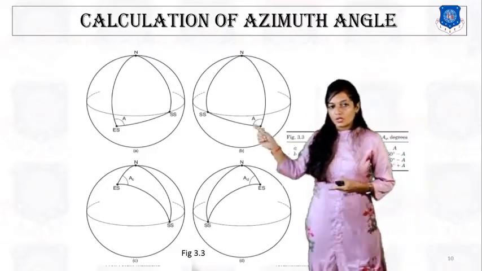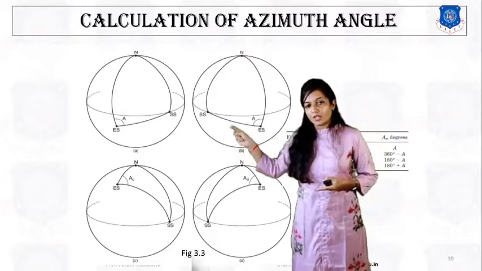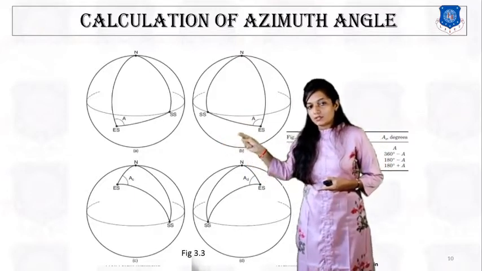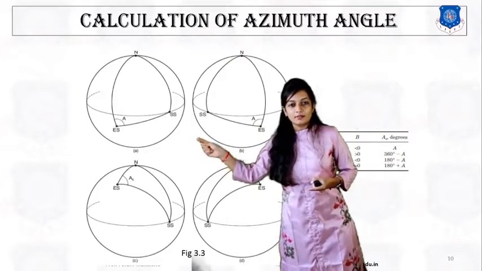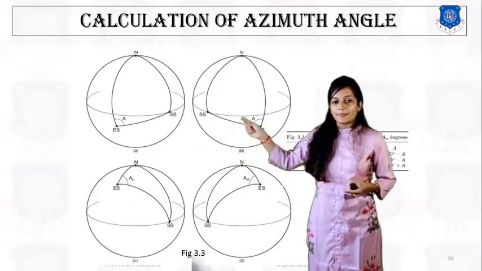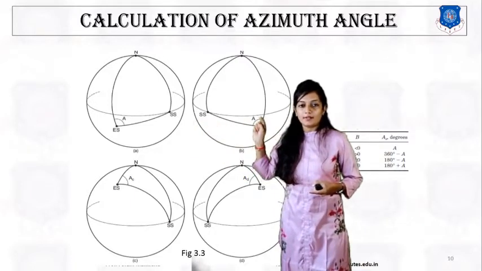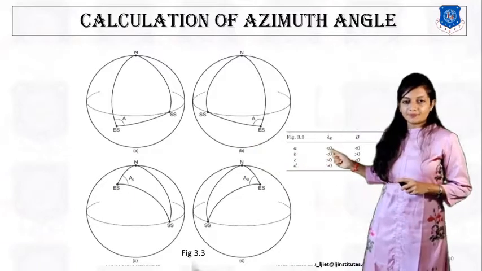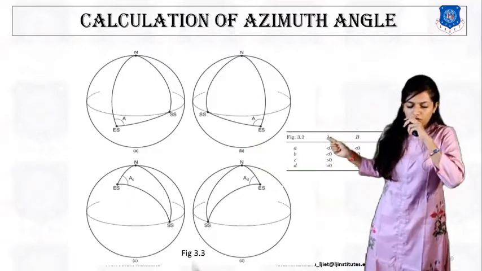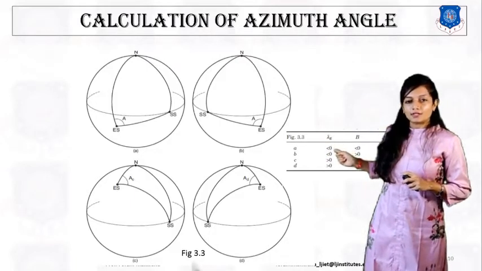Alright. So, consider diagram A, in which my Earth station is towards west side and it is towards south side. Alright. So for that, if it is west side, the lambda e will be less than 0.